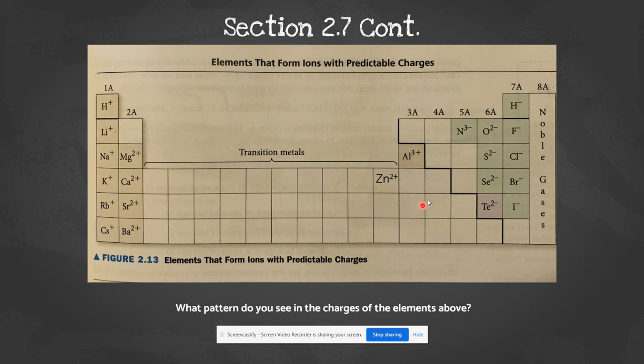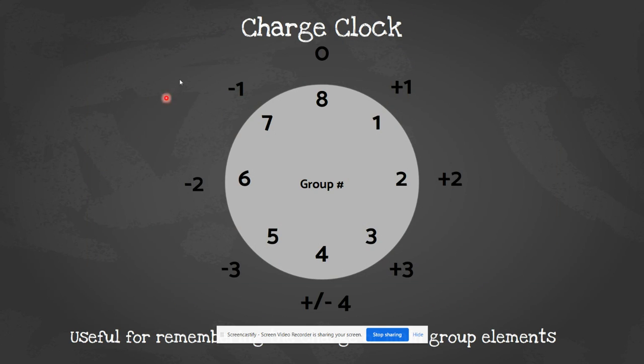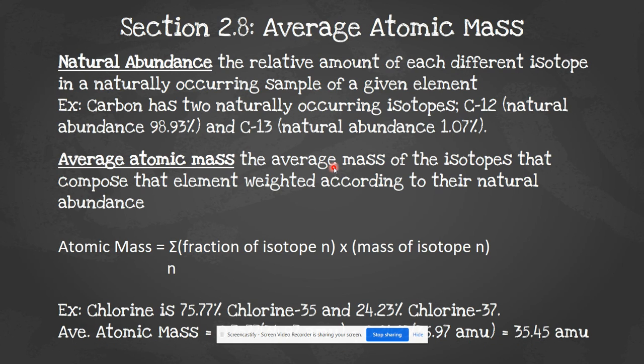It only works for some of them. But the 2s and the 1s, it works really well. So group 1 is going to be +1 charge. Group 2 is going to be +2. Group 7A, also sometimes called 17, is a -1. And group 6, or 16, is a -2. Okay, so this is just to help you remember that. And that's it for section 2.5 to 2.7.